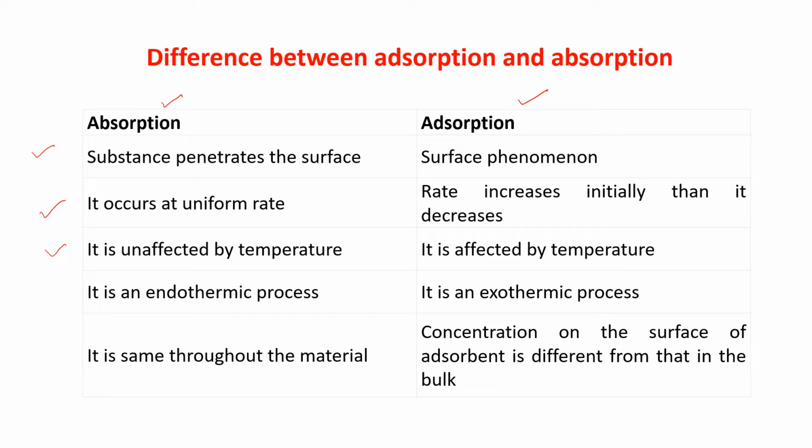Absorption is unaffected by temperature; adsorption is affected by temperature. Absorption is an endothermic process; adsorption is an exothermic process. In absorption, the concentration is the same throughout the material. And for adsorption, the concentration on the surface of the adsorbent is different from that in the bulk.